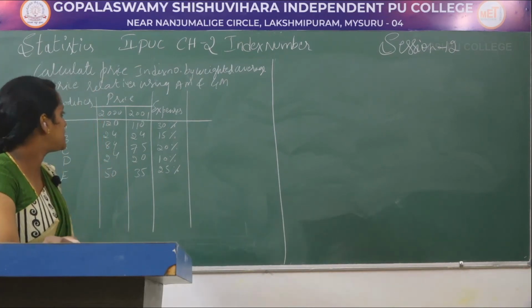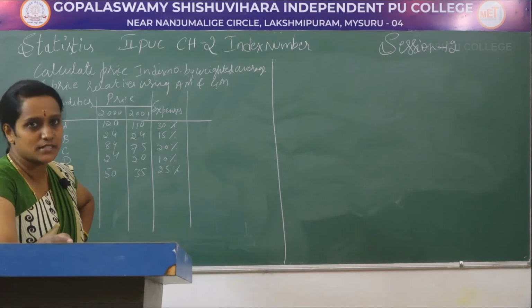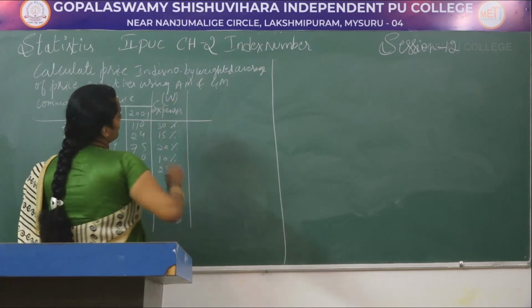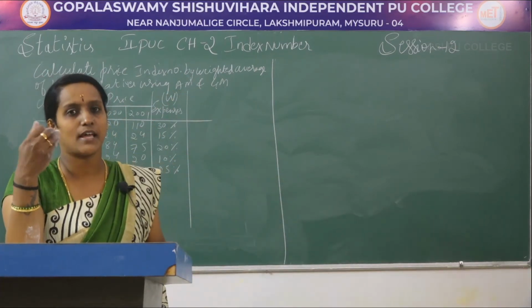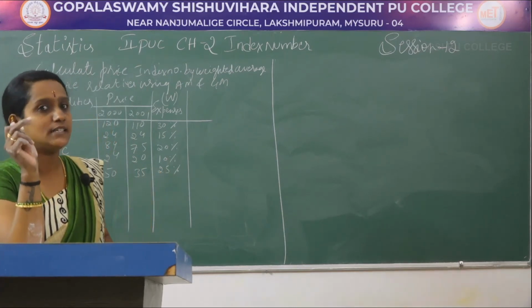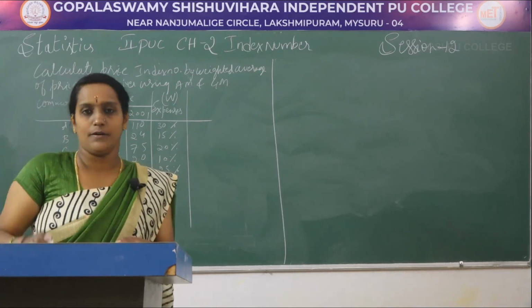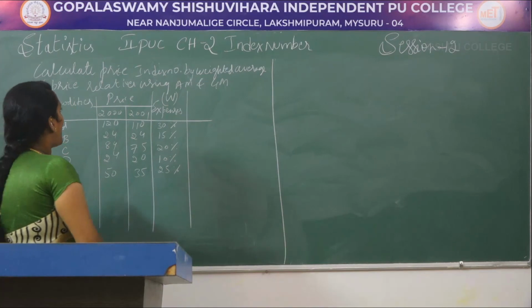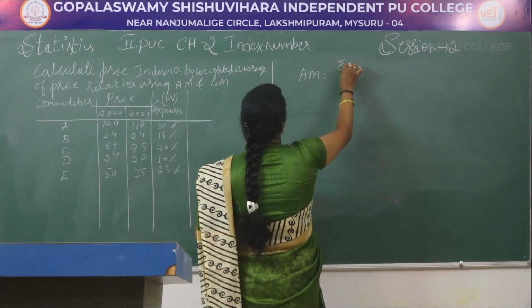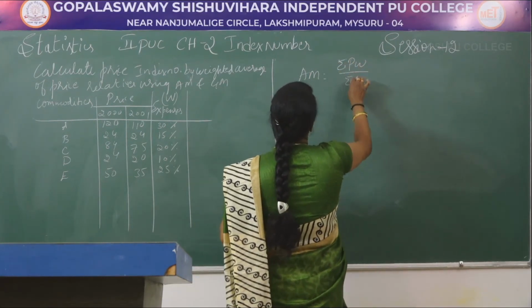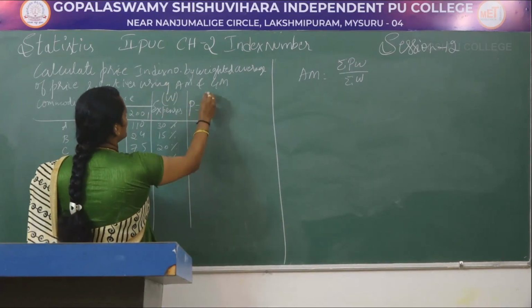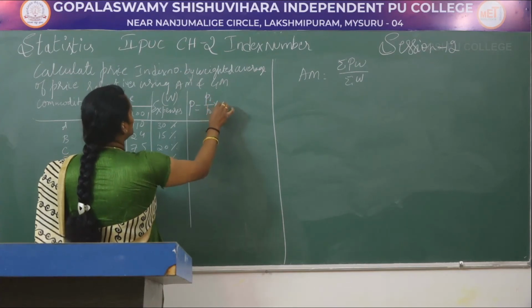So, this expenses in percentage form, we will not consider that percentage, and this expenses we consider as weightage, that is W. Whatever they give, value, expenses, weight, index, we will consider that as our W. To calculate AM, it is summation of PW divided by summation of W. First we have to calculate the price relative capital P, that is P1 by P0 into 100.